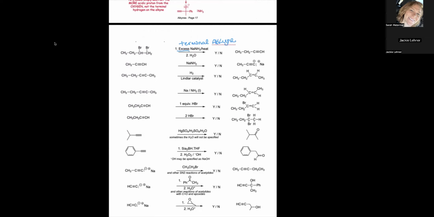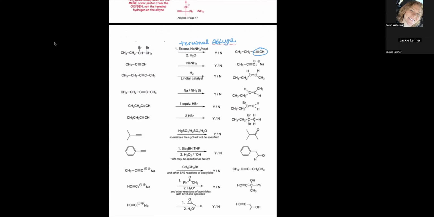When you have these Brs here, that means you're going to have multiple reactions. If you didn't have excess, it would only react with one of them, and you would get an alkene. So when you see excess, you know you're going to do multiple reactions. Both of these are going to react, so this one adds a bond and this one adds a bond, which is how you end up with an alkyne. So if your target molecule has an alkyne on the end of it, you have to write excess, because if you don't, it's assumed to be just one equivalent. I see. Okay.